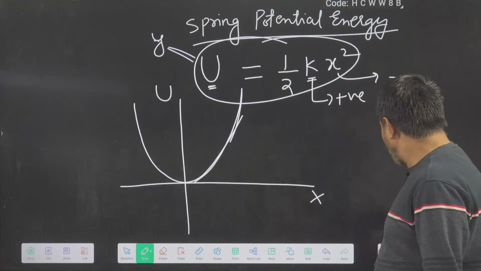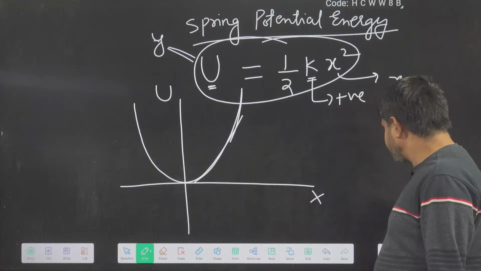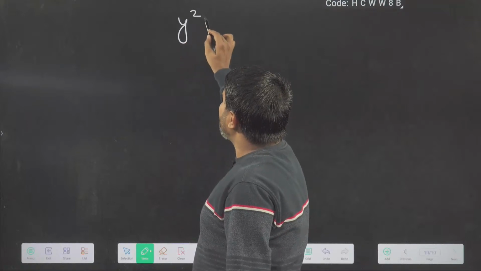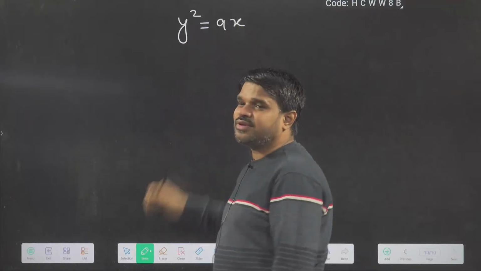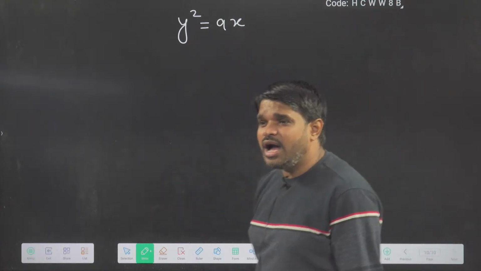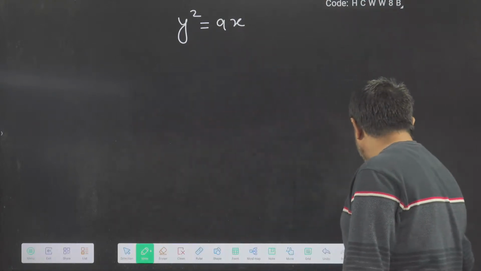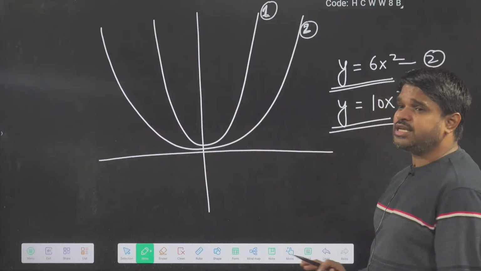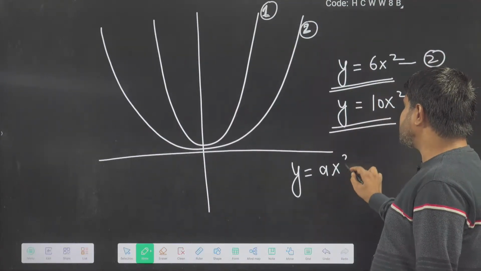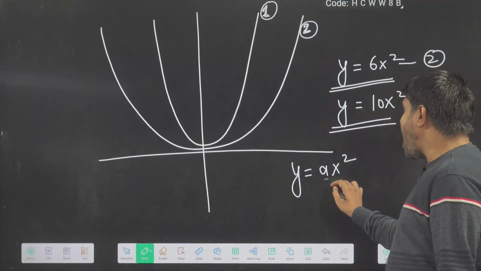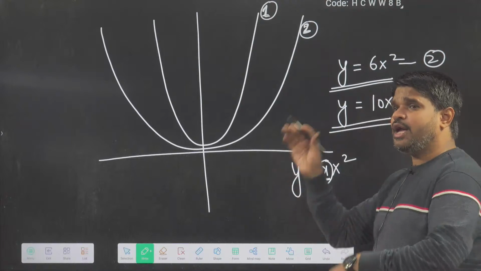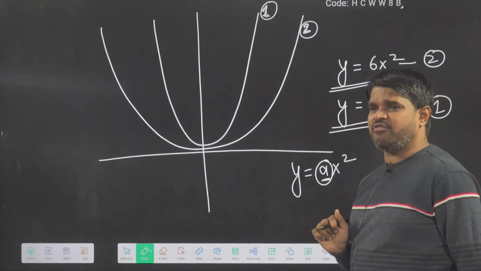Okay, now let's go for a new case. Now see, y square equals ax. Okay, please repeat it again. Listen carefully. If we have the equation y equals ax square, the higher the value of a, the more inside the parabola will be.